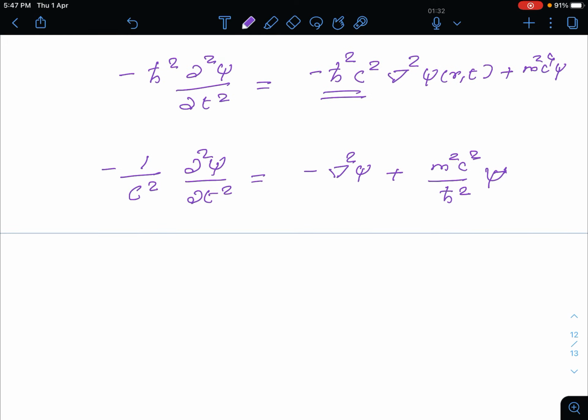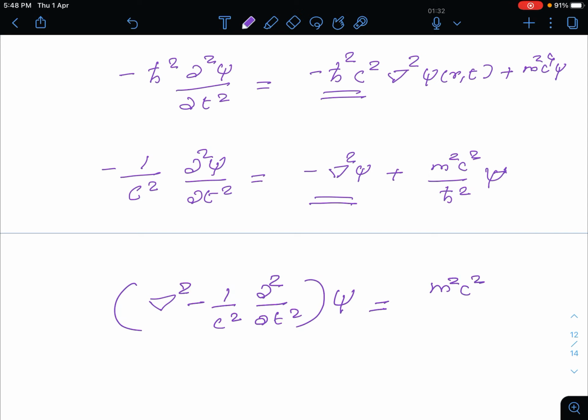Now I take the del square to the left hand side. That means del square minus 1 by c square dou square by dou t square operates on psi and gives you m square c square by h cross square psi.